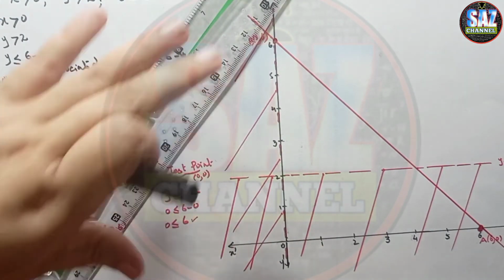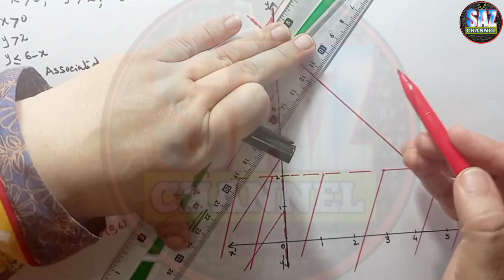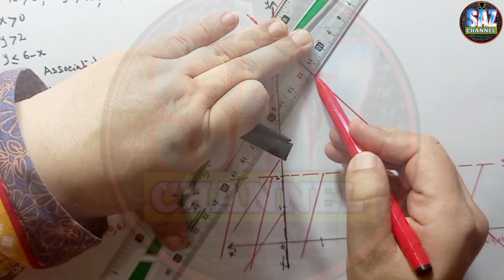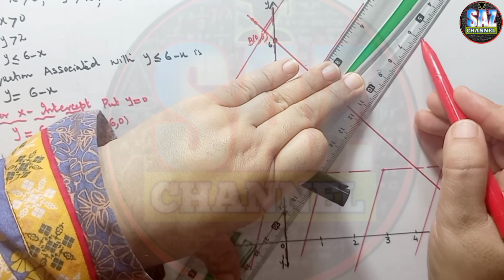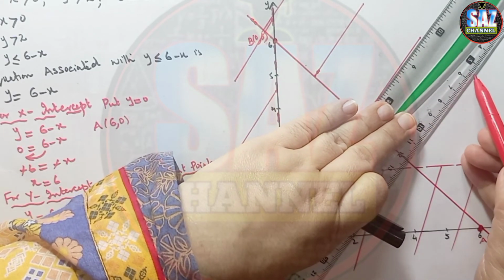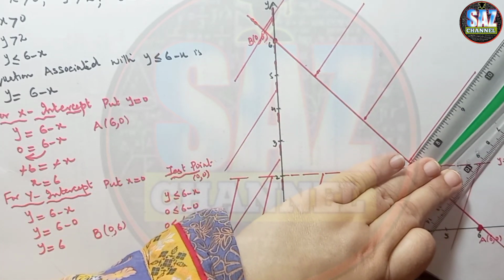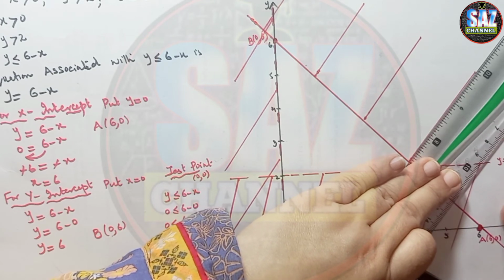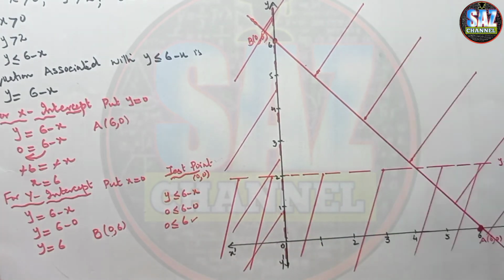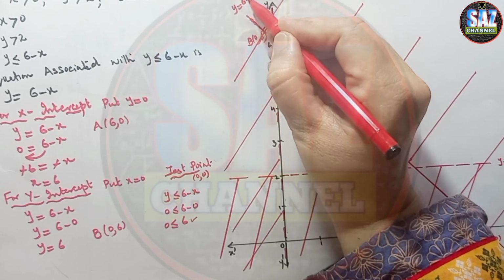So the shading for this line will be coming above this line, because the test point is satisfied, and when the test point is satisfied, shading has to be towards the origin, and the origin is below this line. As we need to leave that region unshaded, the shading for this condition will be above this line, and this is the situation for y equals 6 minus x.